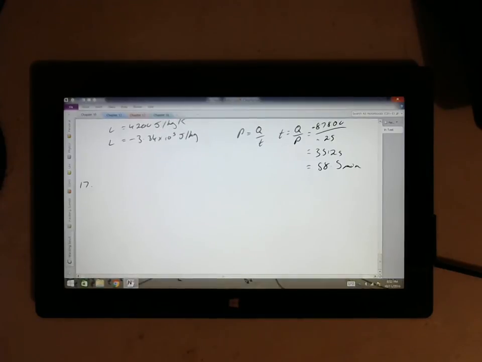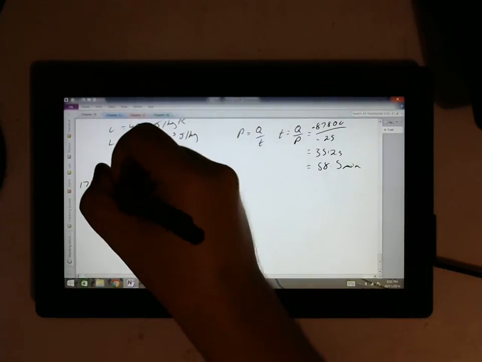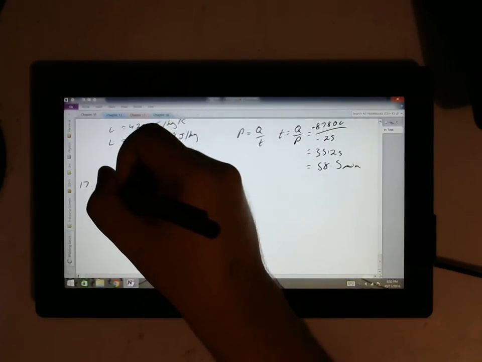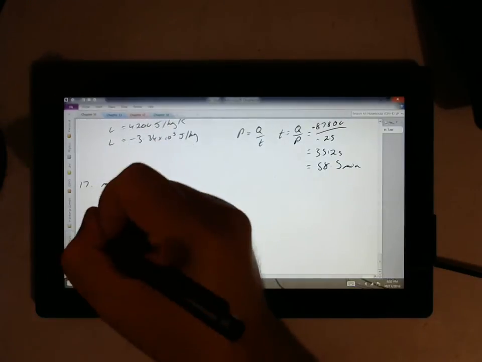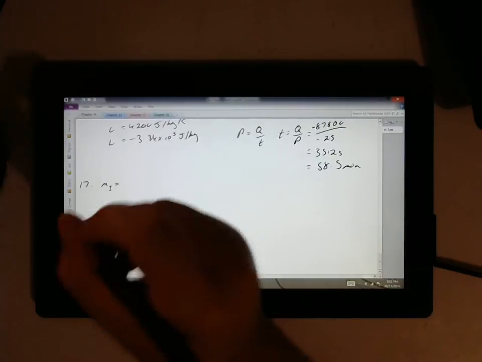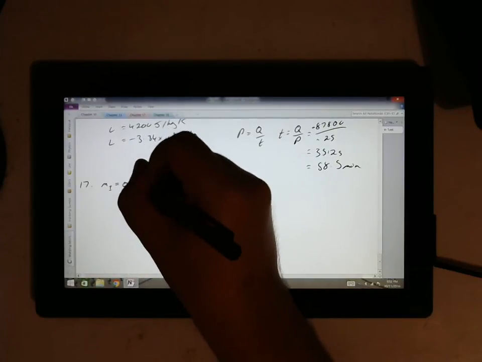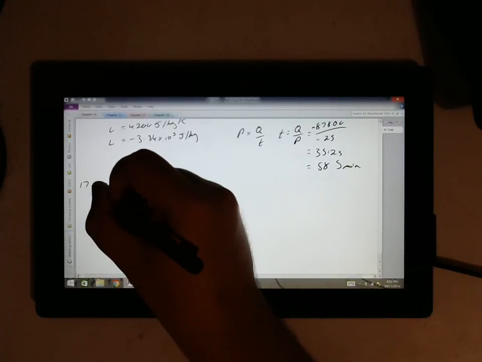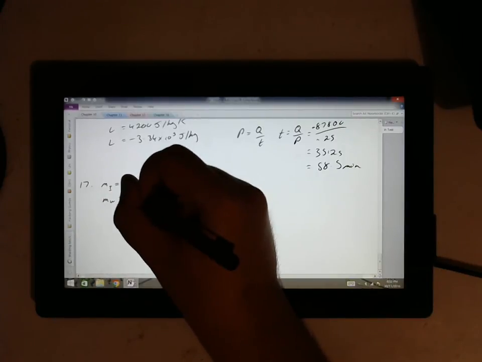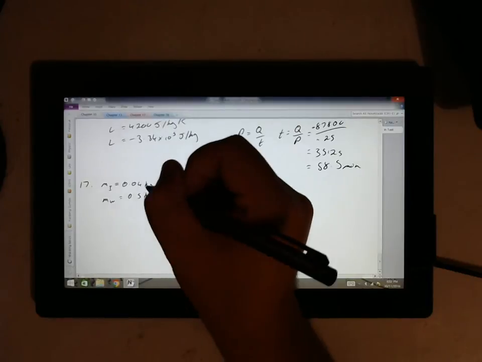So first off, let's write our variables. So we're told that there are, for ice, we have the mass of ice equals 20 grams, but there are 2 of them, so we need 40 grams, so 0.04 kilograms of ice. We are told the mass of water equals 500 grams, 0.5 kilograms.